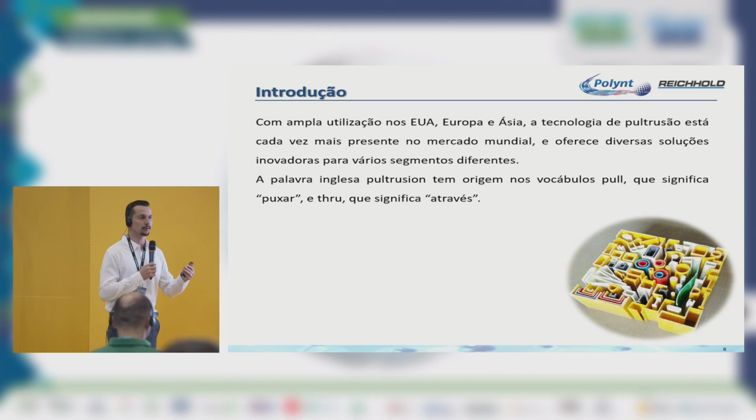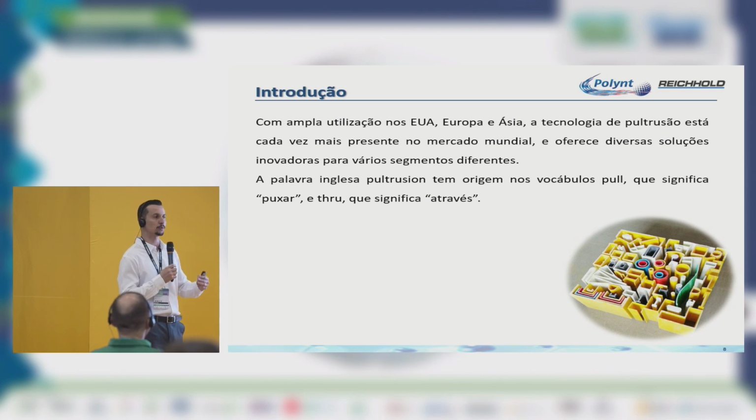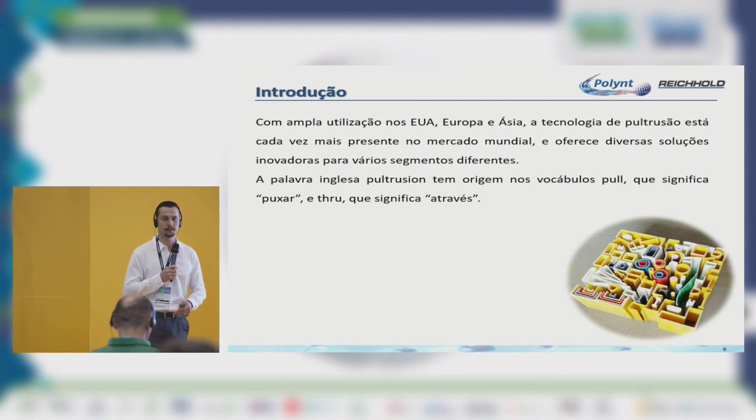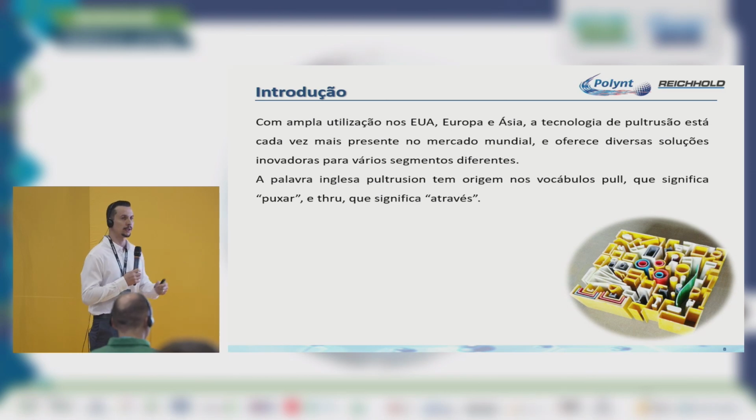In Brazil, we have been following a growth in the manufacturing of pultruded profiles, particularly in agribusiness, in industry and civil construction. Pultrusion comes from pull and through.